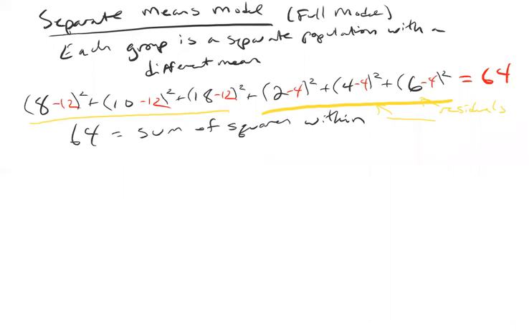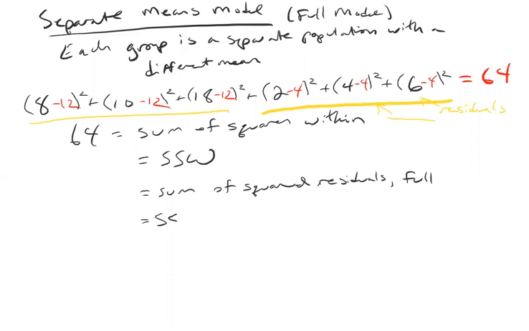This is often called SSW. Nobody ever reverses it and calls it WSS. I've never seen that. Or you could call it the sum of squared residuals, full, which is awkward but not that uncommon. You can also call it SSR full. There's another name for this one that you may have heard before, which is the sum of squared errors.